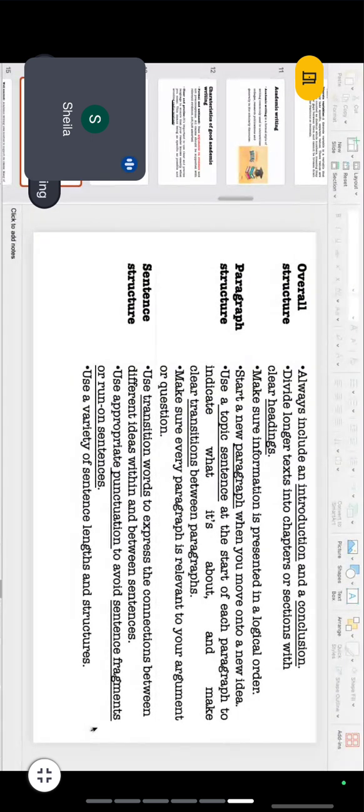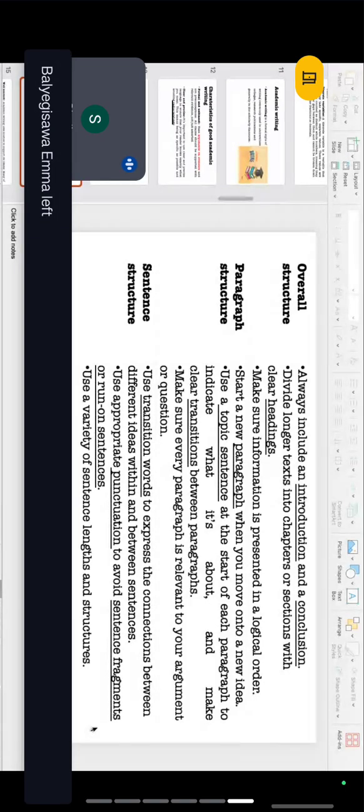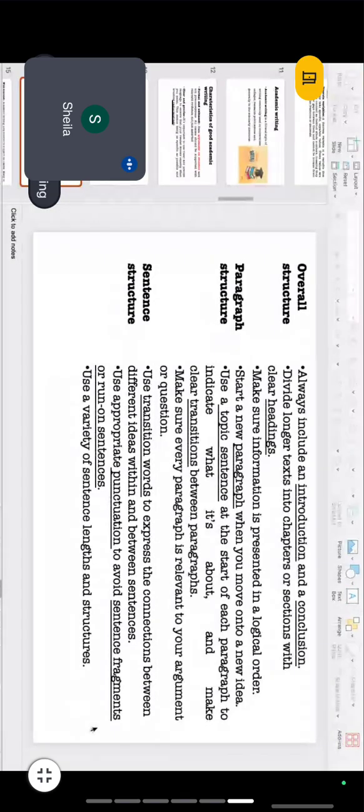And then for paragraphs, we say there should be a connection between one paragraph and another. If we are transitioning to a new paragraph, the first sentence should be able to connect with the previous paragraph. In those paragraphs, we should have a topic sentence.